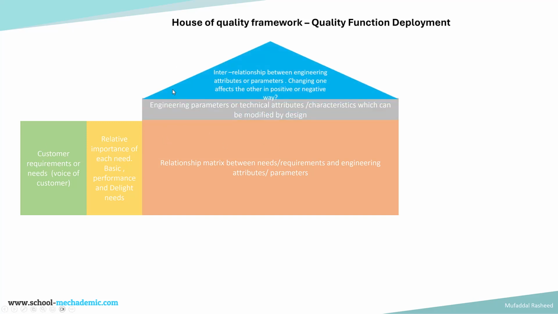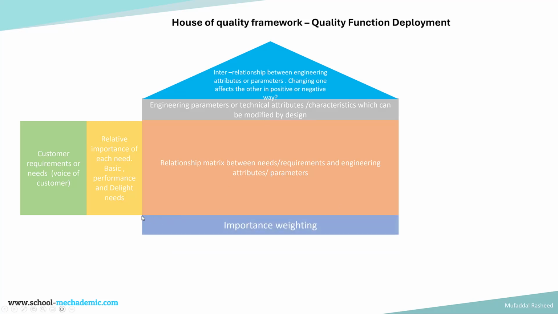Then there is an interrelationship matrix between the engineering parameters, showing which engineering parameter is dependent on other engineering parameters. Changing one engineering parameter will affect the other in a positive or negative way. So there are many engineering parameters like that in designs. Next, we do an importance weightage.